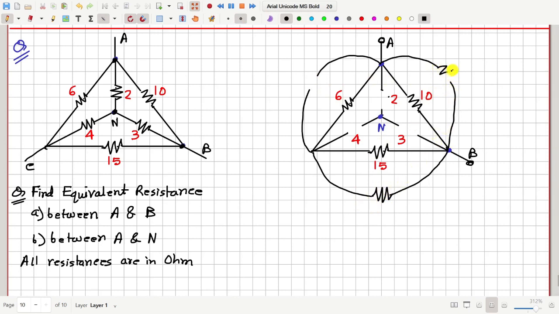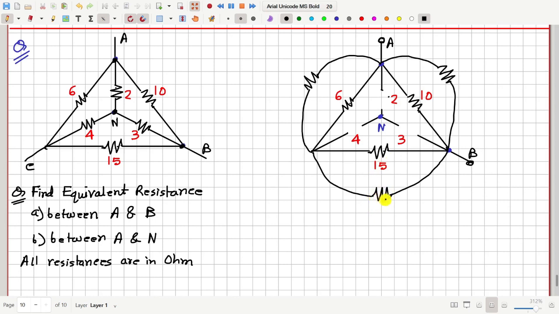Now what will be the value of this resistance, so that this outer delta is equivalent to this inner star? So how to calculate this resistance?